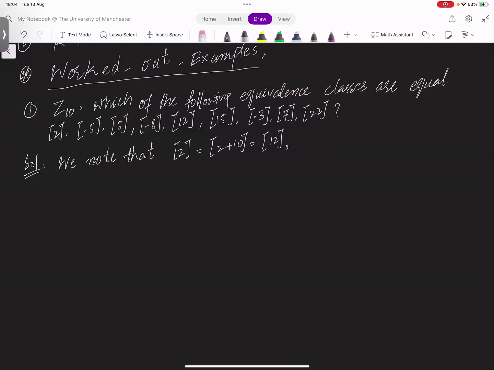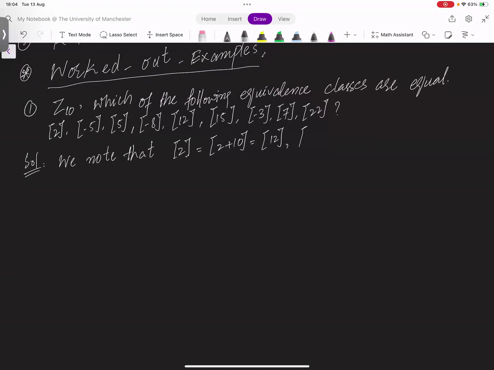So the equivalence classes of 2 and 12 are the same, because 10 is a multiple of 10. Similarly, -8 can be written as -8 plus 10, which also equals 2. Similarly, 12 plus 10 will be 22.